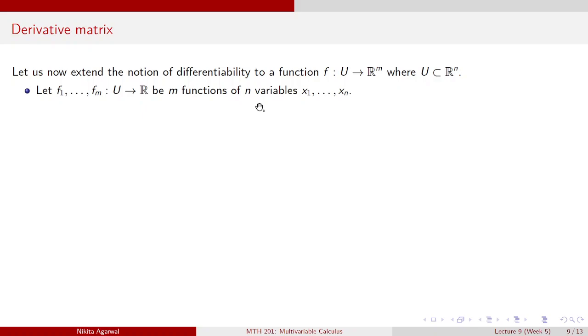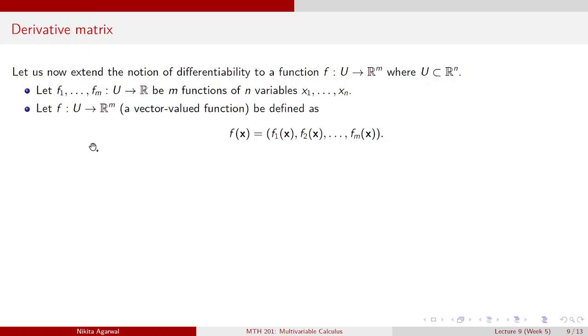Let me call those variables x1 through xn. Let f going from U to Rm be a vector valued function. It's called vector valued because its range is a vector. Let it be defined as f(x) equal to (f1(x), f2(x), and so on up to fm(x)), where x is a point in U, which is in Rn, right? So it has n coordinates.